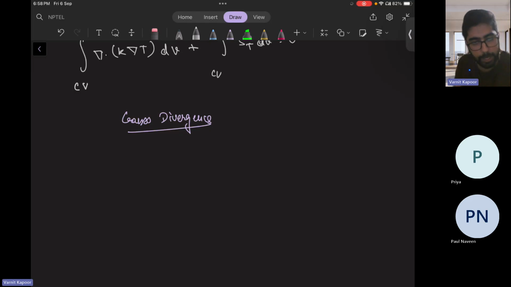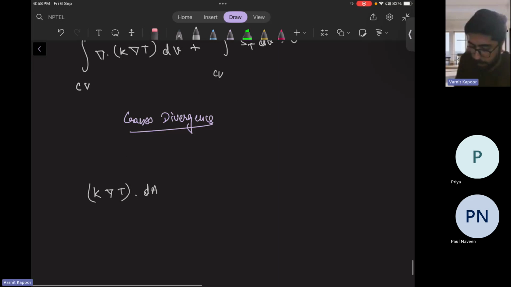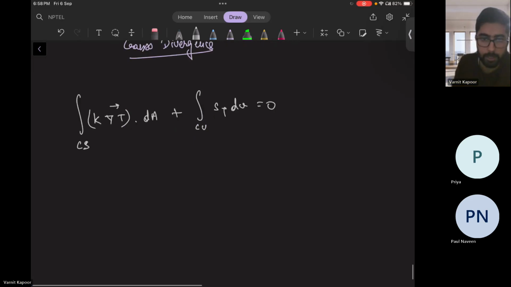So the integral of del of any function f dV is f dot n cap over the control surface. Here f is K del T, a vector, over the control surface this time, and S dV over the control volume equal to 0.